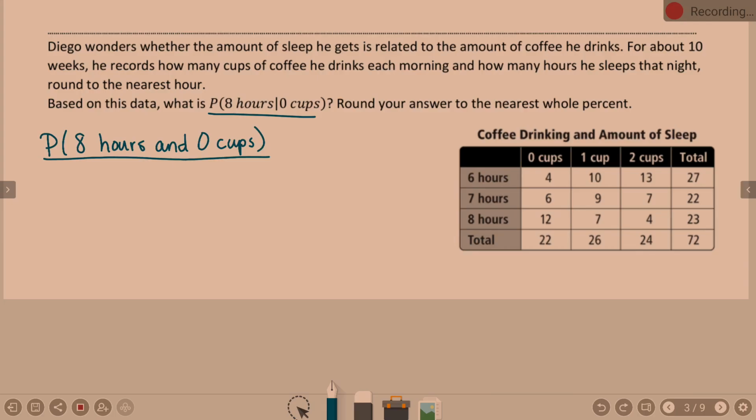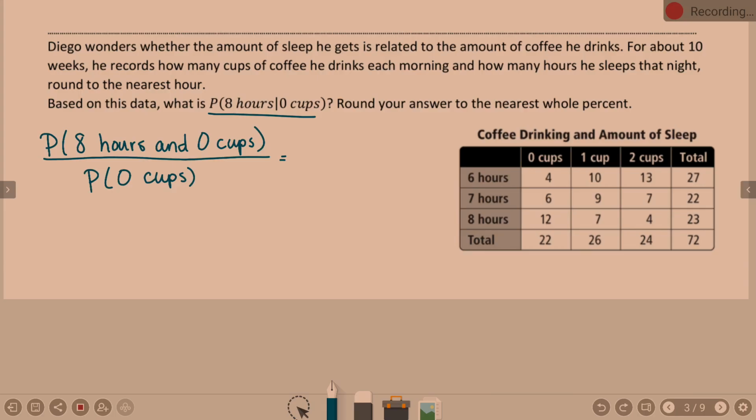On bottom, what's my denominator going to be here? Probability that he sleeps or drinks. Okay. It's the probability that the second piece, which is the 0 cups. So probability that he drinks 0 cups of coffee. Know that setup, okay?